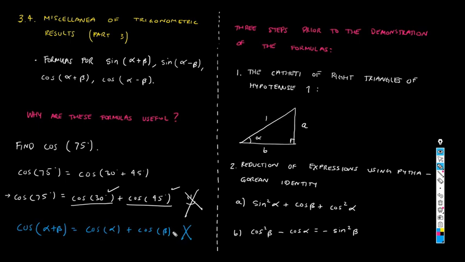In this workbook of 3.4, there is a remark in one of the exercises in which I tell you that you can never assume something to be true. If you think that this is equal to this because you have an intuition or because you believe so, that is completely wrong.